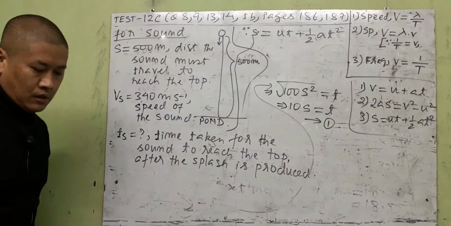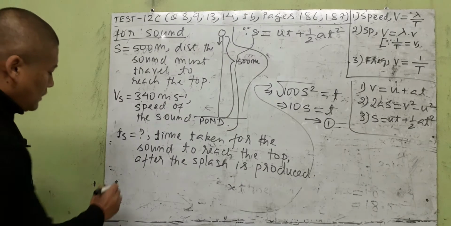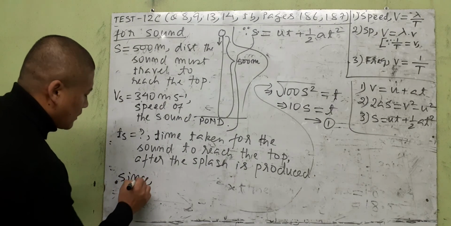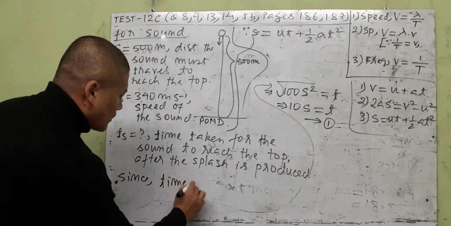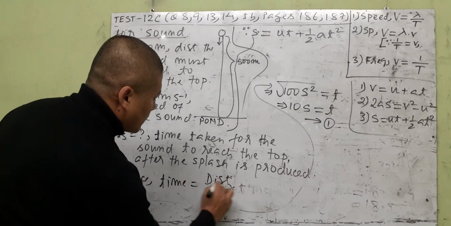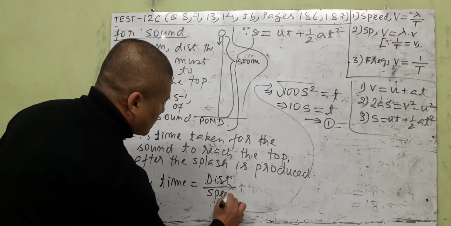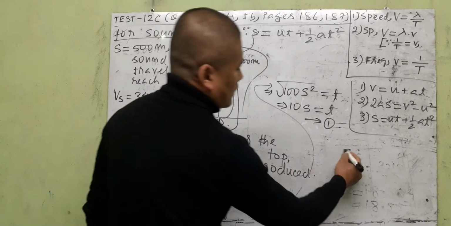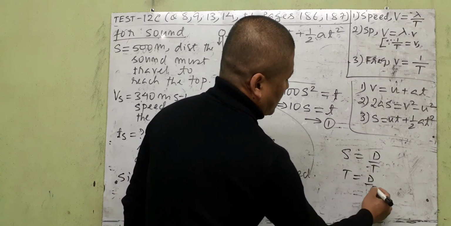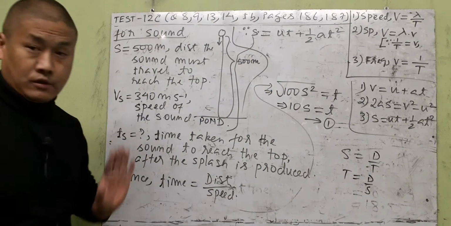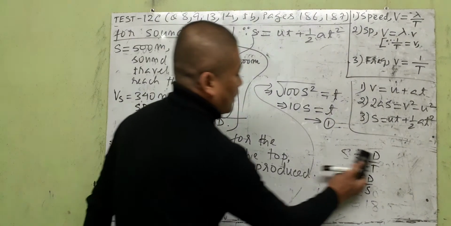Now this is quite simple, since we know the formula for time is equal to distance divided by speed. This is the general formula. From this formula, speed is equal to distance by time. So time, if you shift here, is distance by speed. The basic formula.